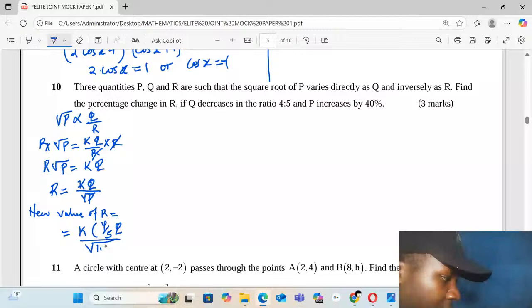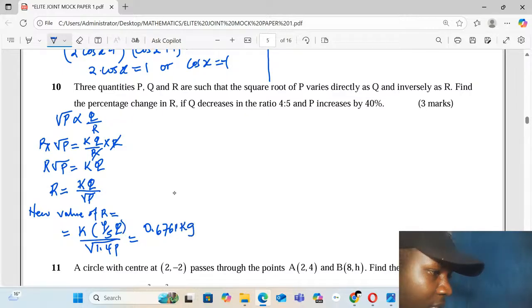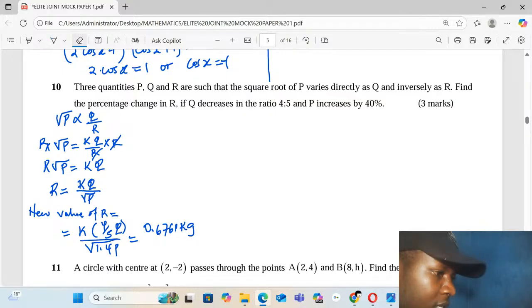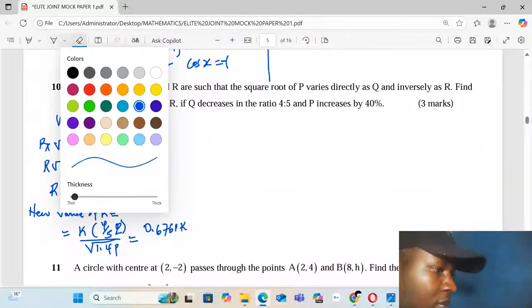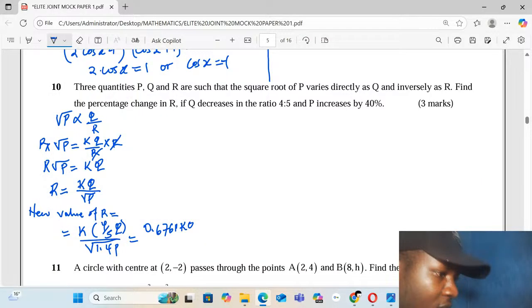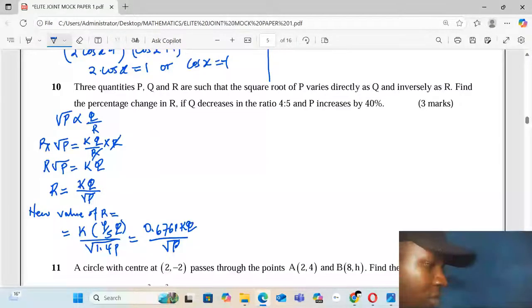Now this one gives us 0.6761 KQ over the square root of P.